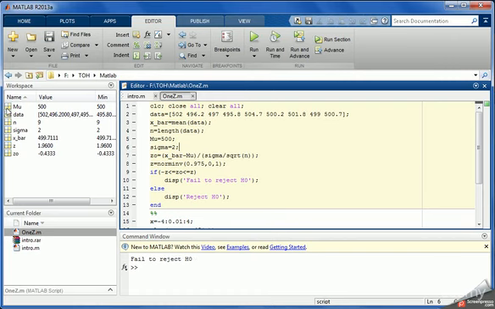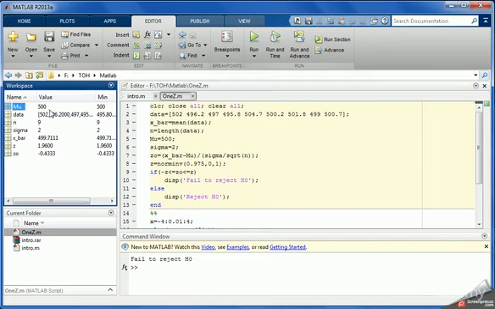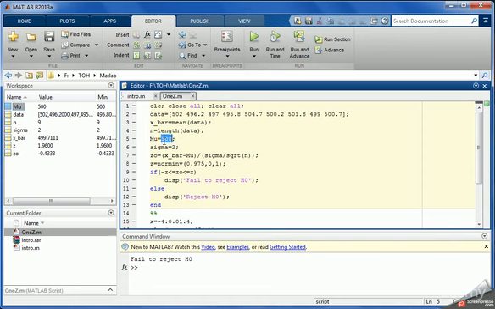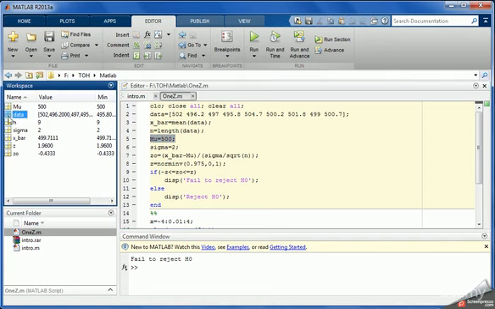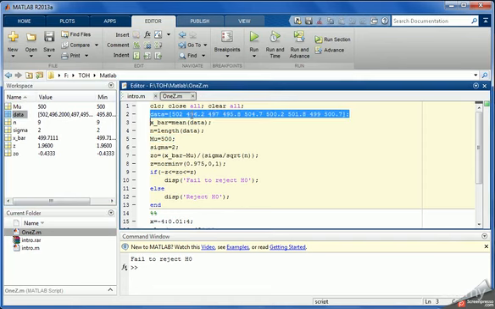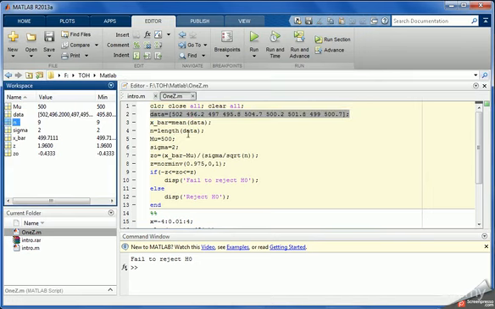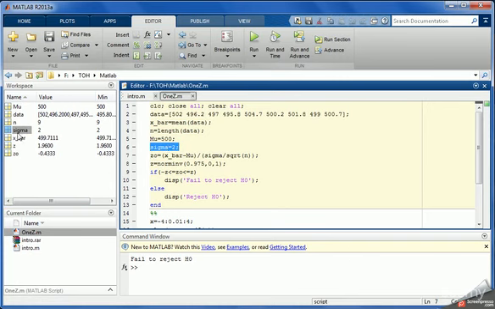But firstly, we can also go to the workspace, where we have mu already defined as 500. This is mu. We have the data vector that we have defined. We have n, the number of samples, which we get by length of data. We have sigma already defined here, 2.